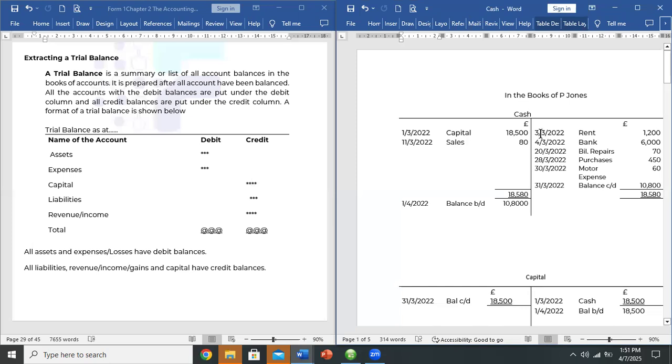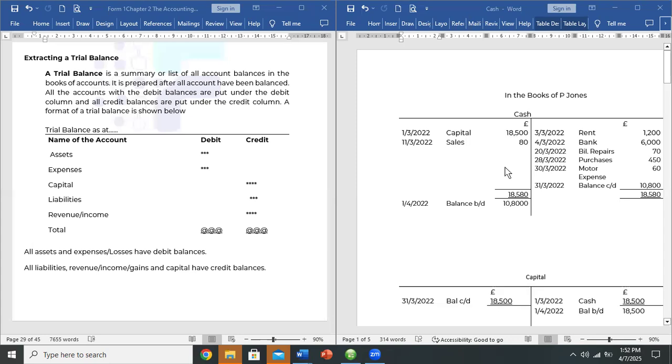Now, I believe you appreciate what the debit and credit balance is, because we said that the account has a debit balance if the debit side is more than the credit side. You can also use your balance carried down, brought down to identify whether the account has a debit or credit.